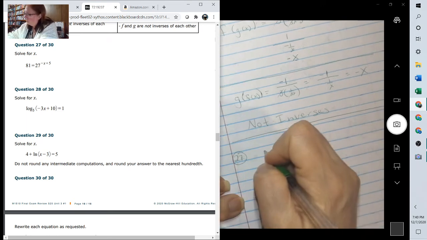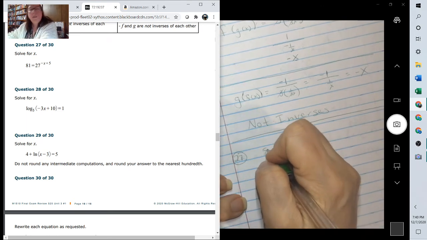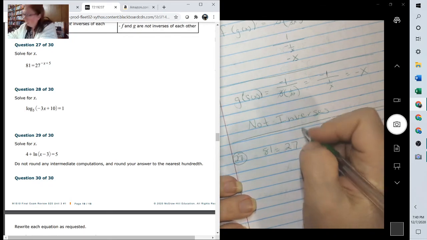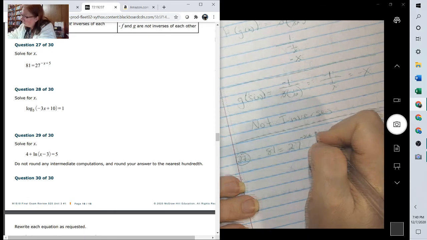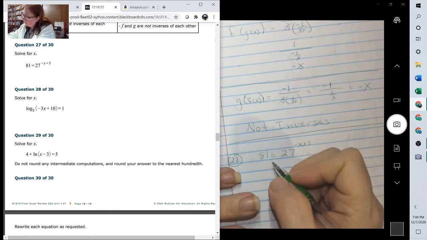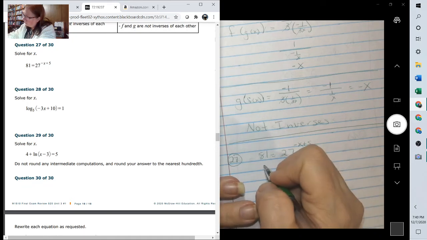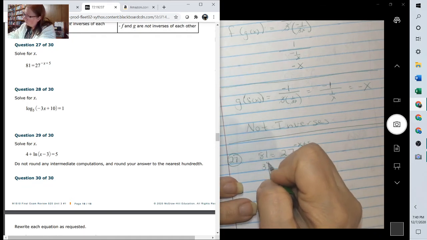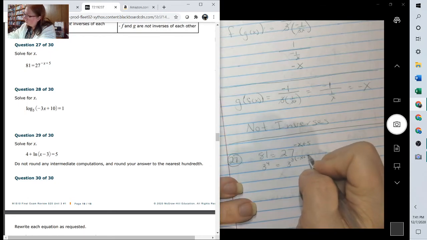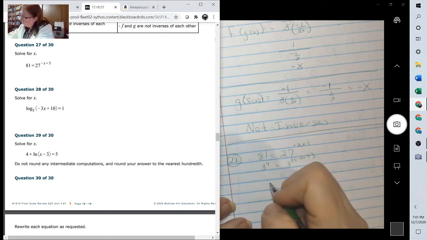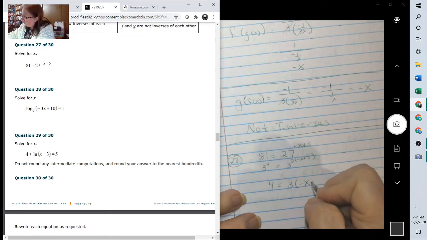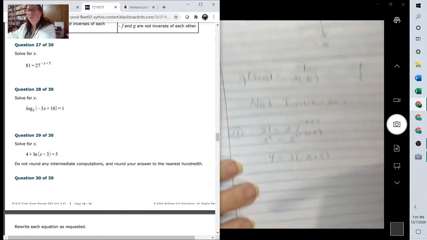27. 81 equals 27 to the negative x plus 5. Both of these can be written as 3 to a power. 3 times 3 is 9, 27, 81, yeah. 3 to the 4th, and this is 3 cubed. If you get the same base, you can set the exponents equal, and then just solve.